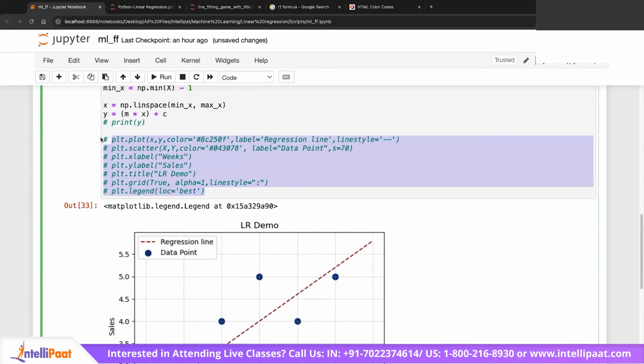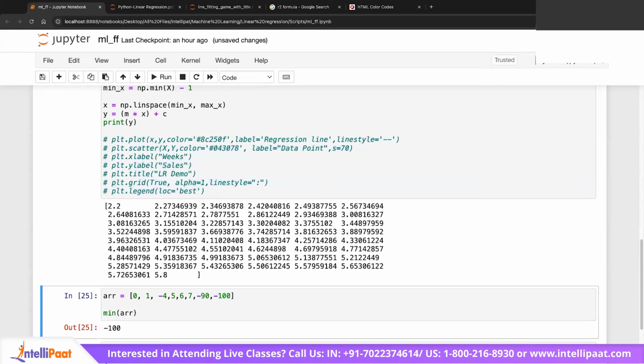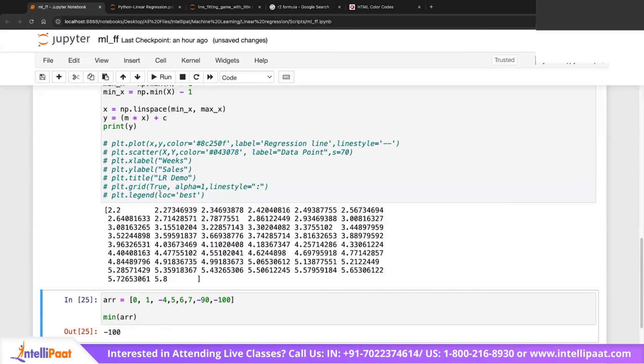Let me move this. Do you see the answers, 2.2734, 2.34, 2.42, 2.49? Y is equal to mx plus c. You will be like, there are so many values in this. Is that the question that you have, that y has so many values?